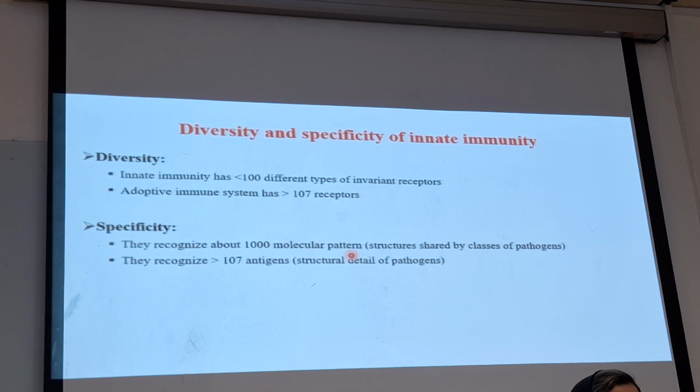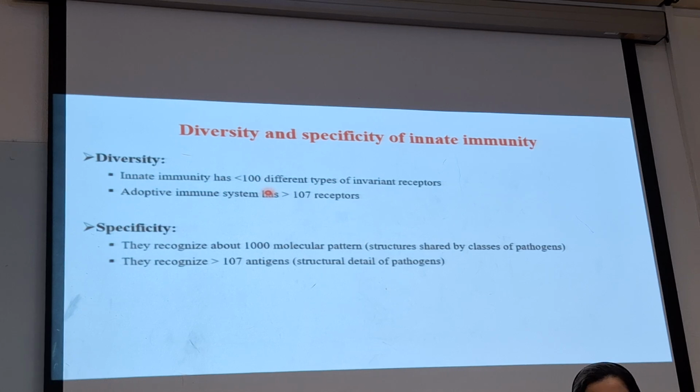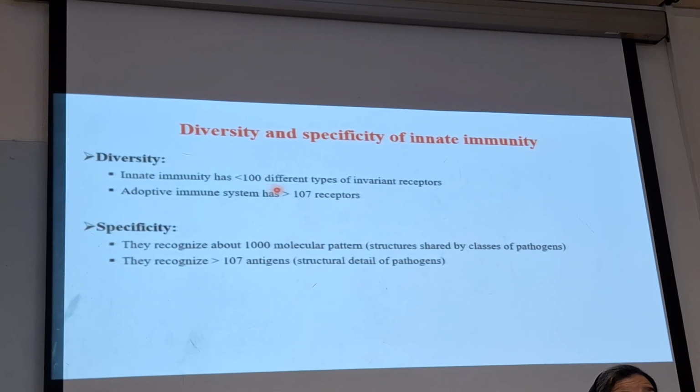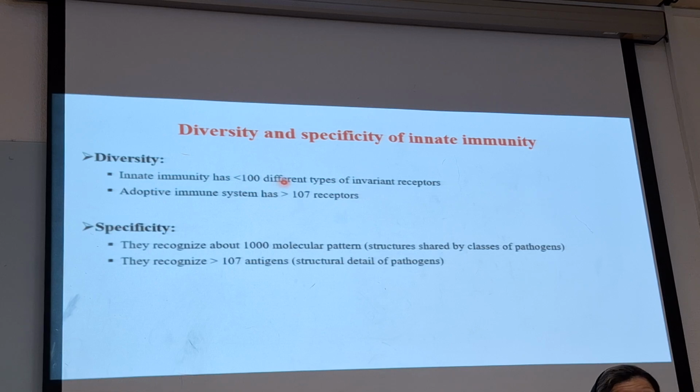On the contrary, in our adaptive immune system, we have more than 10 to the power of 9 types of TCR and BCR on the surface of different B cells and T cells.